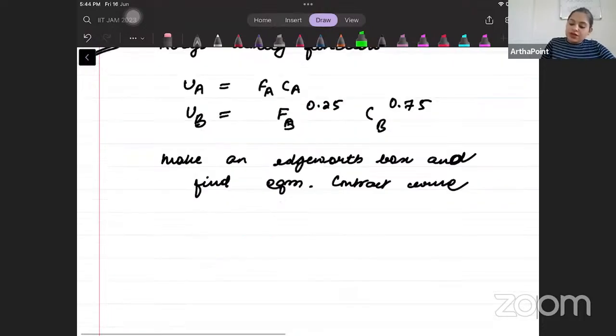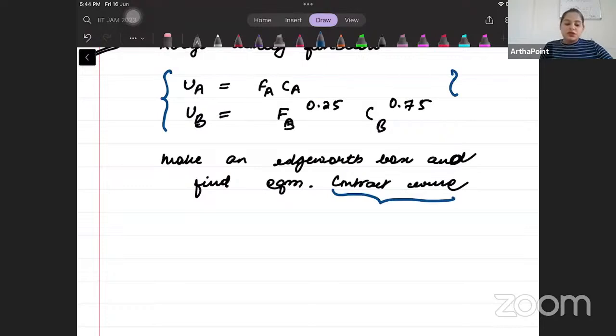Now, if you really think about it, in order to make the contract curve, these are well-defined preferences.